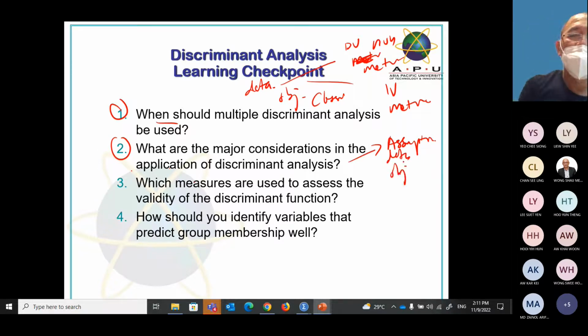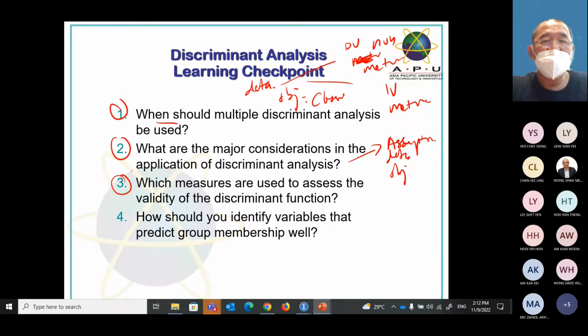You should consider the assumptions, meaning testing to make sure that the data meet the assumptions. And what kind of data you have? Different data, different testing, for multiple discriminant analysis, with its requirements on the data, and also the objective.